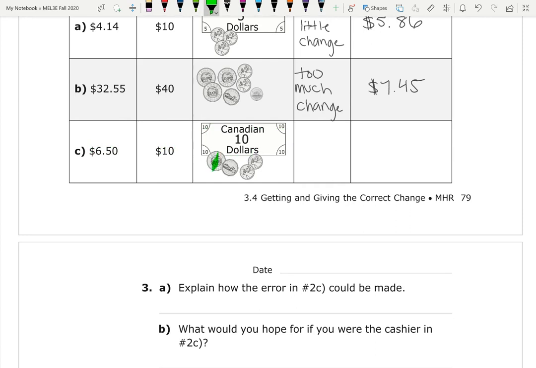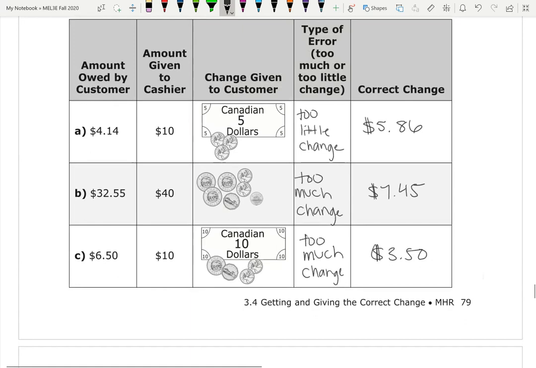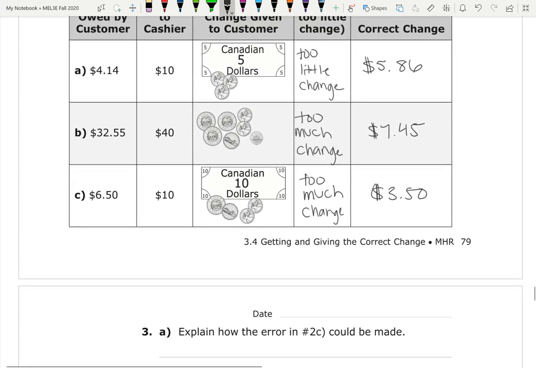And then 10 plus 2 plus 1, so that's $13.50. So way too much change. The correct change is $3.50. And we're going to talk about how to give correct change on the next page.